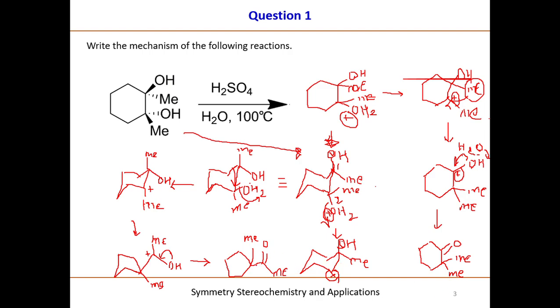And here we can see this is a 5-member ring ketone, and this is product 2. So these two products will form by pinacol-pinacolone rearrangement in this question in acidic medium. I hope all of you understood. So we can go for the next question.